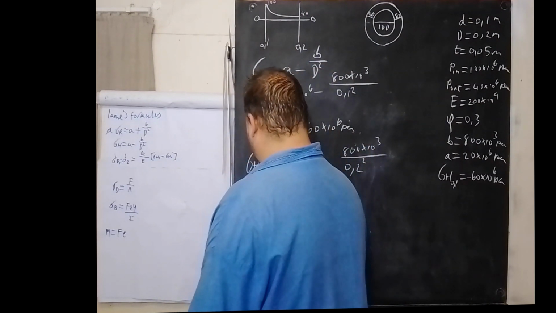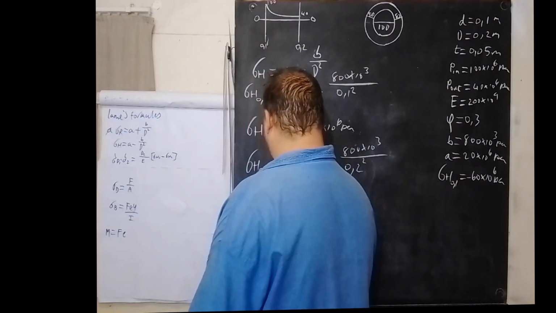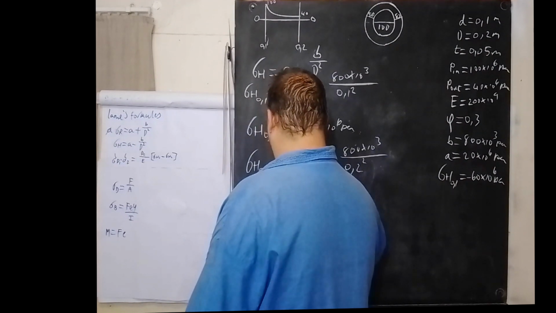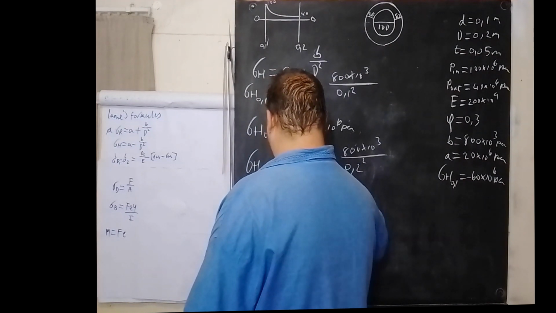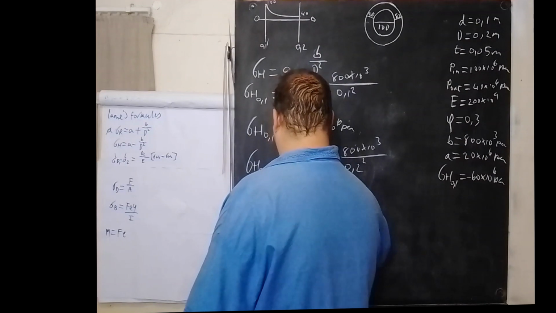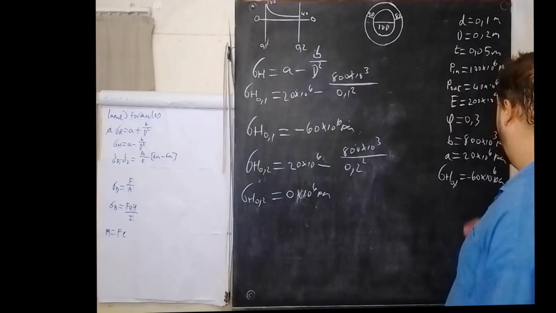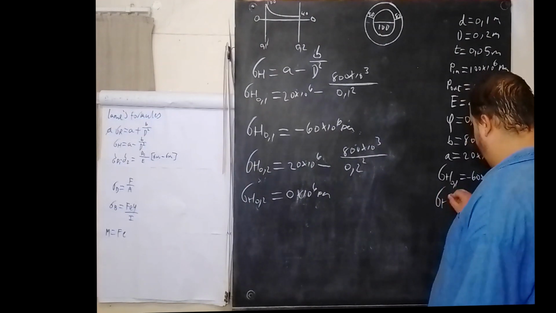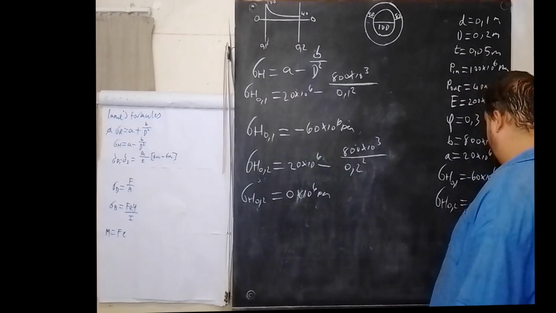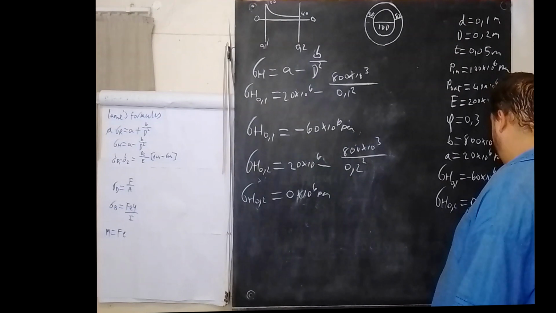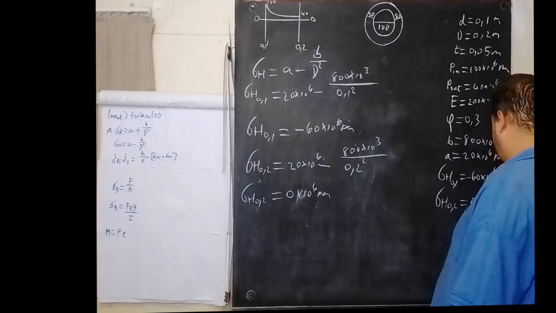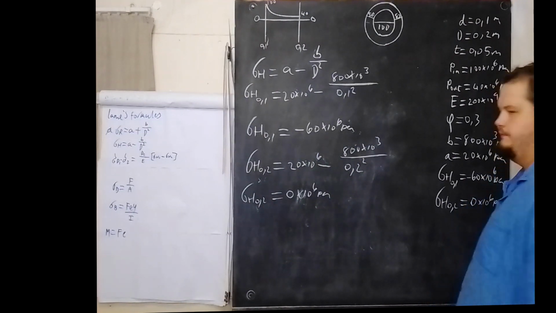So H at 0,2 equals 0 times 10 to the 6 pascals.